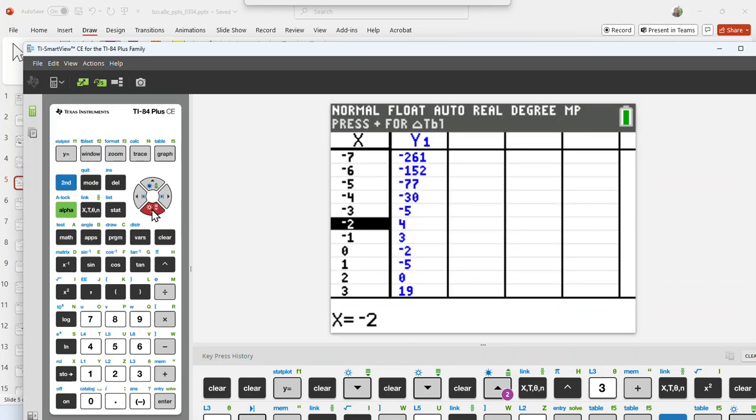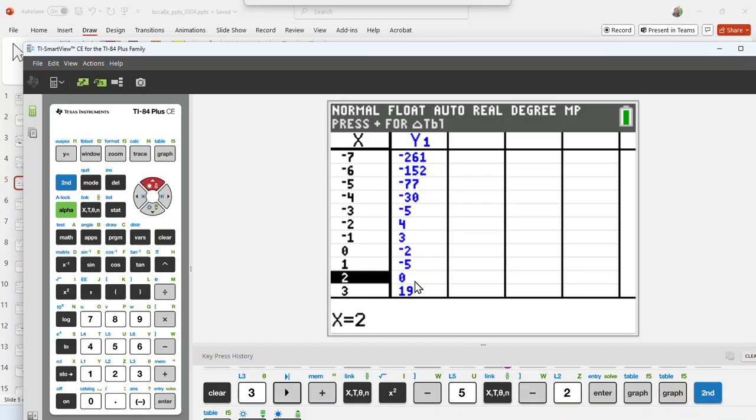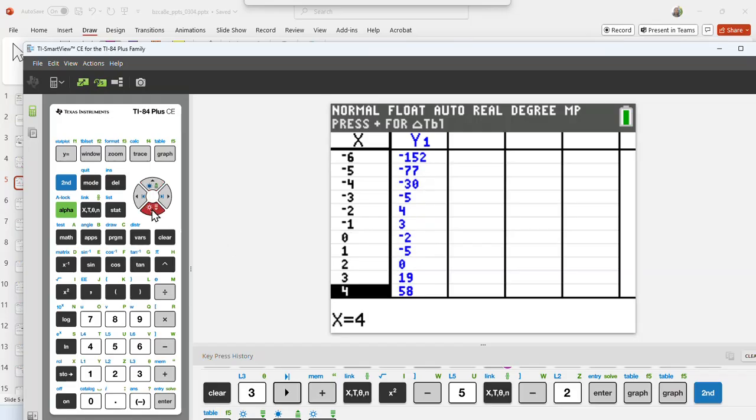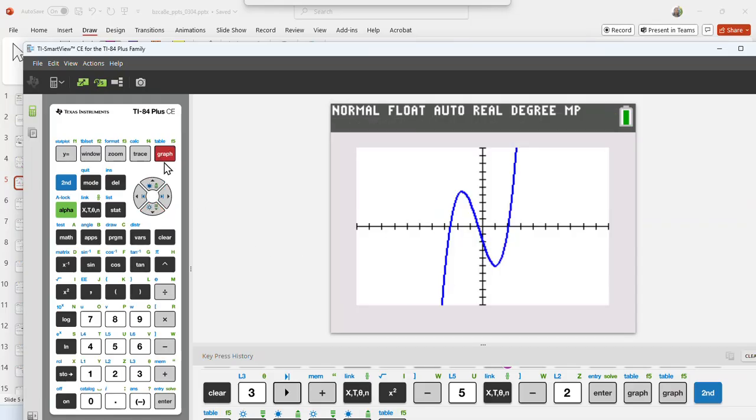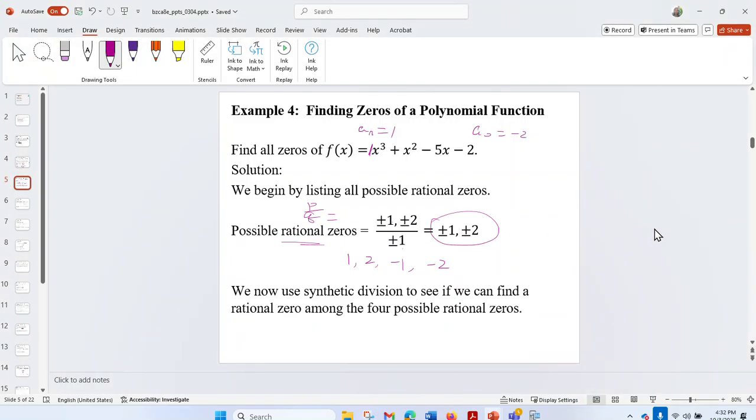Look at that. When x is 2, y is 0. We don't have -1/2 in here, right? But if I know this one for sure, I can do a division just for 2.